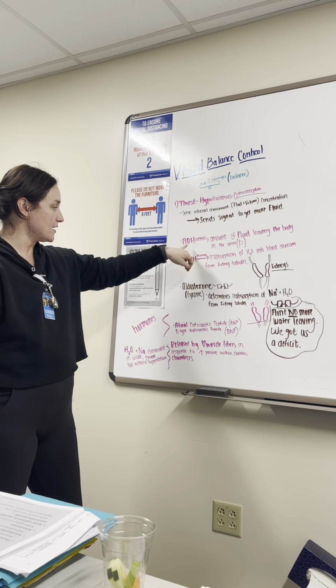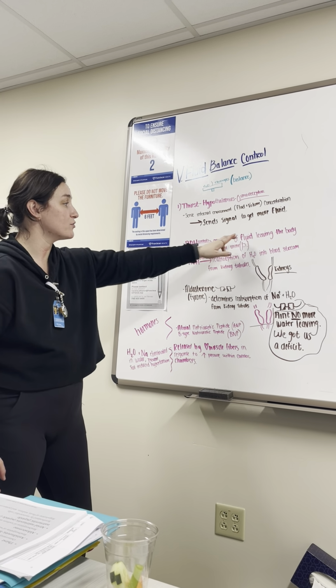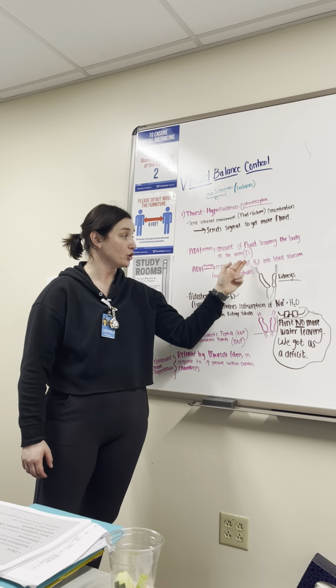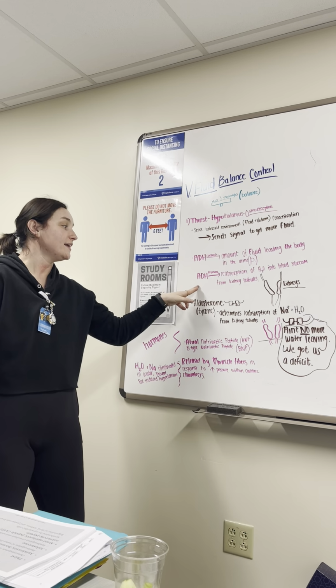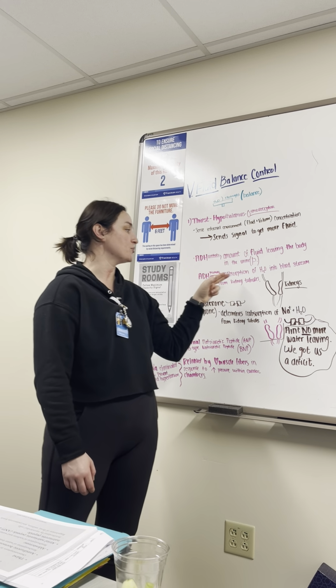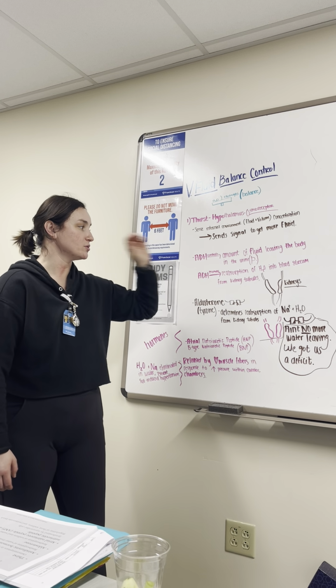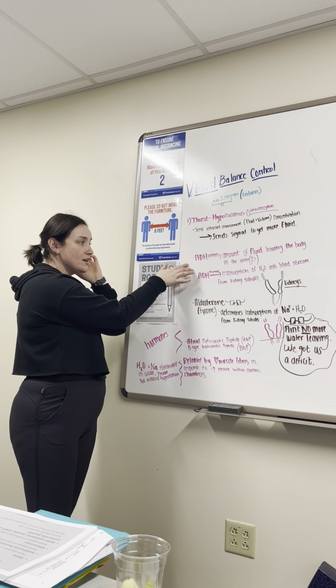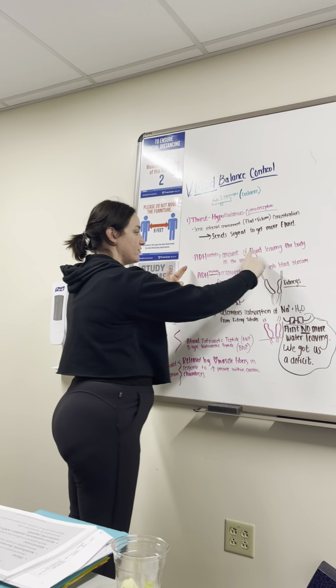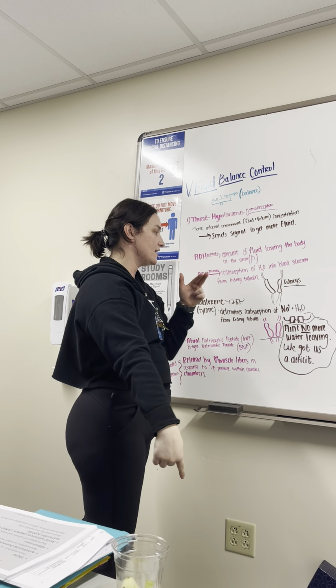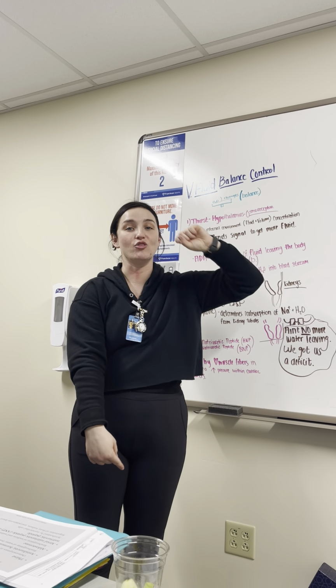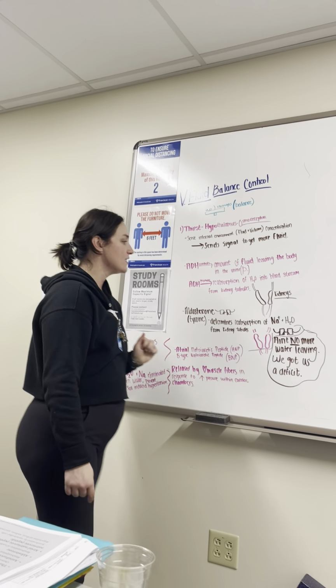So the antidiuretic hormone controls the amount of fluid leaving the body in the urine. ADH also promotes reabsorption of water into the bloodstream from the kidney tubules. So it controls the amount of fluid leaving, and then the reabsorption keeps it in the body, again, for the balance.